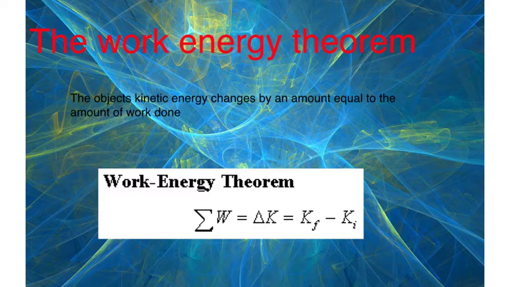And it says that an object's kinetic energy changes by an amount equal to the amount of work done. So when we did work on our skateboarder, the total work, this is a sum, or this is the total work that we did, is equal to the change in his kinetic energy. That would be his final kinetic energy minus his initial, and his initial was 0.